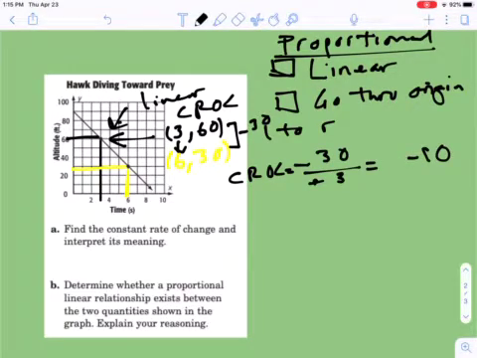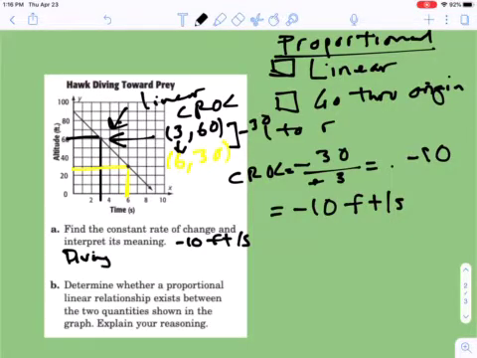So my constant rate of change is negative 10 feet per second. And what it means is the hawk is diving down at 10 feet per second.